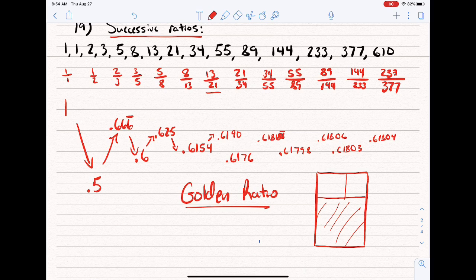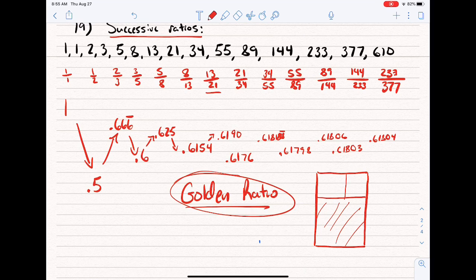Everything about our bodies, so much in nature, even how people do architecture, they do by the golden ratio. And not just now, but the Parthenon in Greece, the big temple with those huge marble pillars, was all designed around the golden ratio.